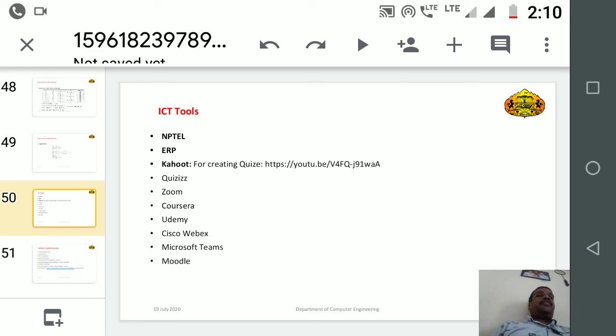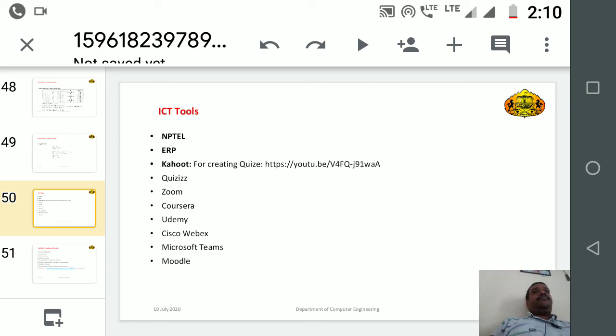Actually this work will be conducted when our college starts regular offline classes, so through online we cannot perform this. Quizzes, I already performed, Google quiz. Zoom, you know that. Coursera courses, a number of online Coursera courses are available.